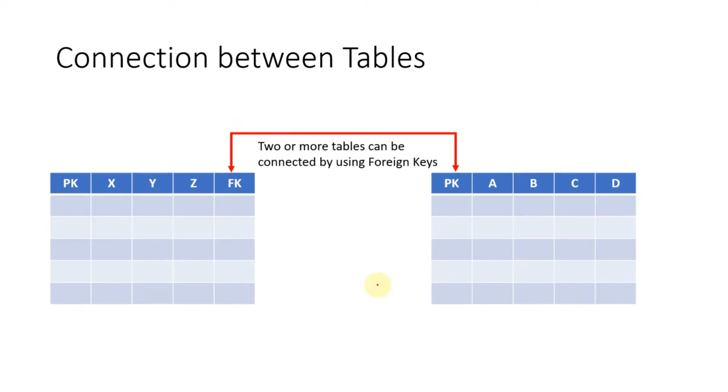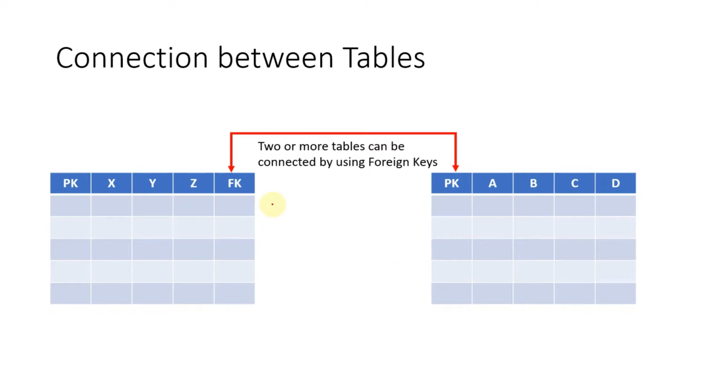Let's look into some basic things. Actually, we have already studied these. As you know, in relational databases we use tables for data storage, and all these tables are somehow associated with each other. I'm taking an example of two tables. Here we have two tables, both connected, meaning there are some attributes which are common to both tables.